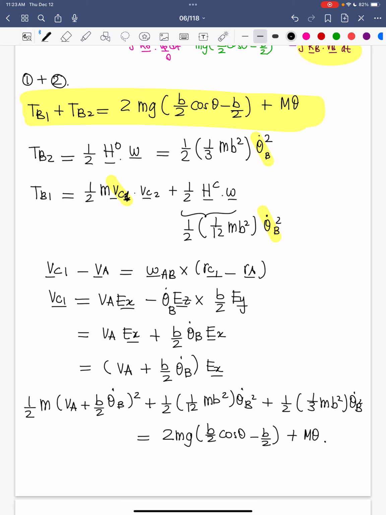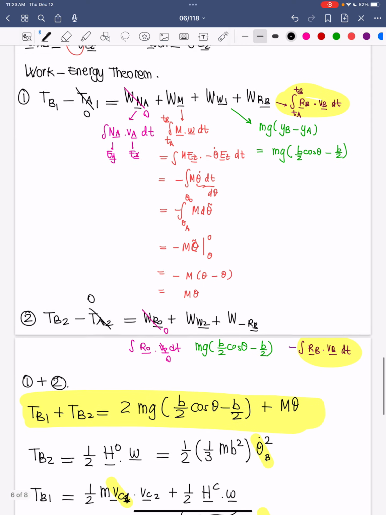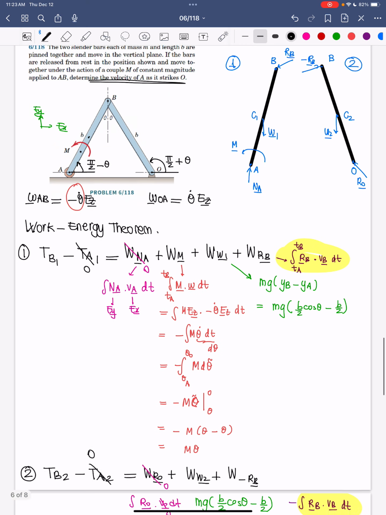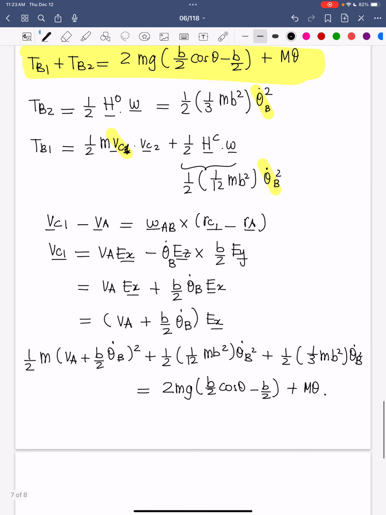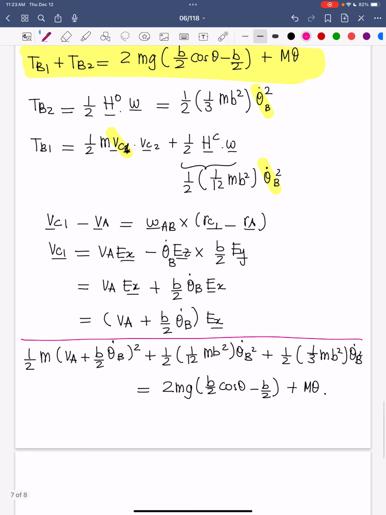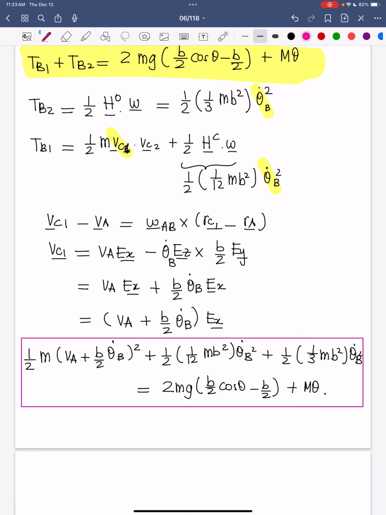So again, we did the work energy theorem for each bar, and we summed the two work energy theorems. We calculated the kinetic energy of each bar, or at least expressions for the kinetic energy of each bar, and we got this equation, which contains two unknowns, vA that we need to solve for, but also this other unknown theta dot B that occurs multiple times.